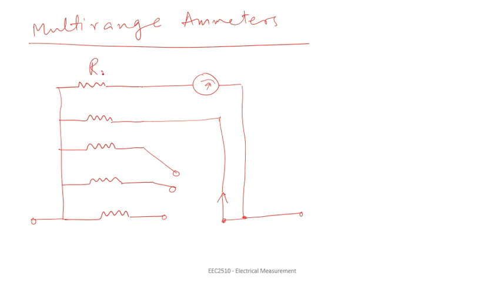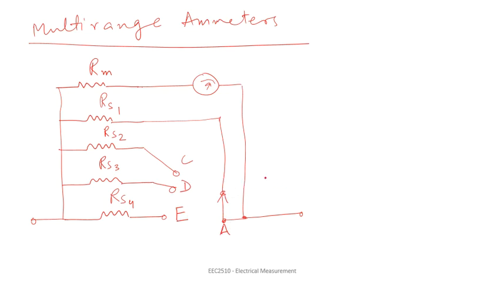So this is the resistance of the meter Rm, this is Rs1, this is Rs2, this is Rs3, this is Rs4, so these are different shunt resistances. Let me name the different points C, D, E. This can be named as A, and this point can be named as B.